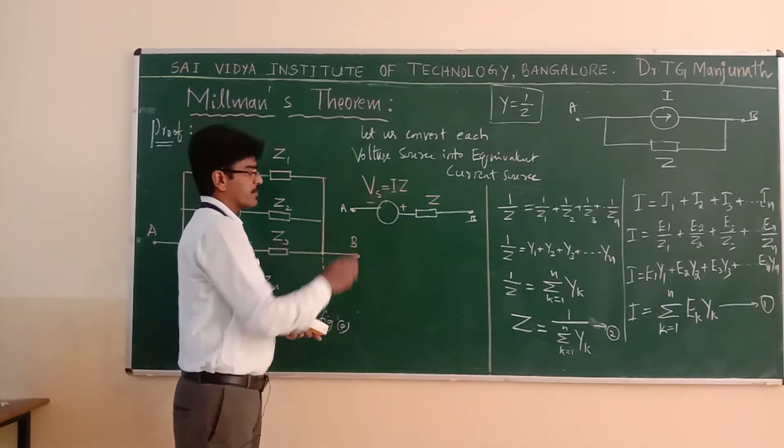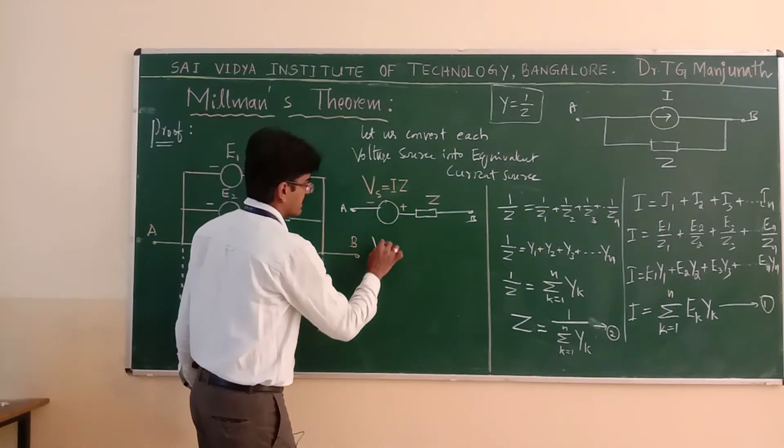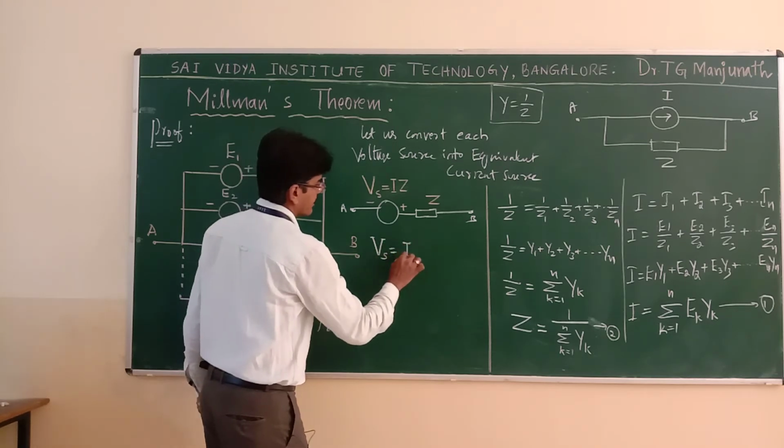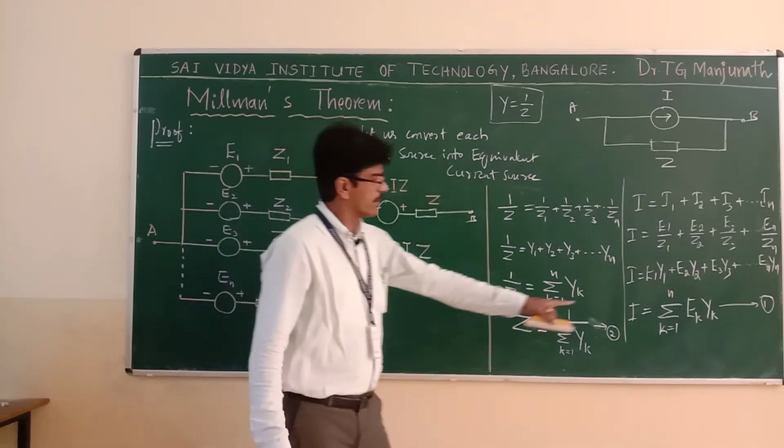Now let us find this voltage source value. Since Vs is equal to I into Z, now substitute 1 and 2.